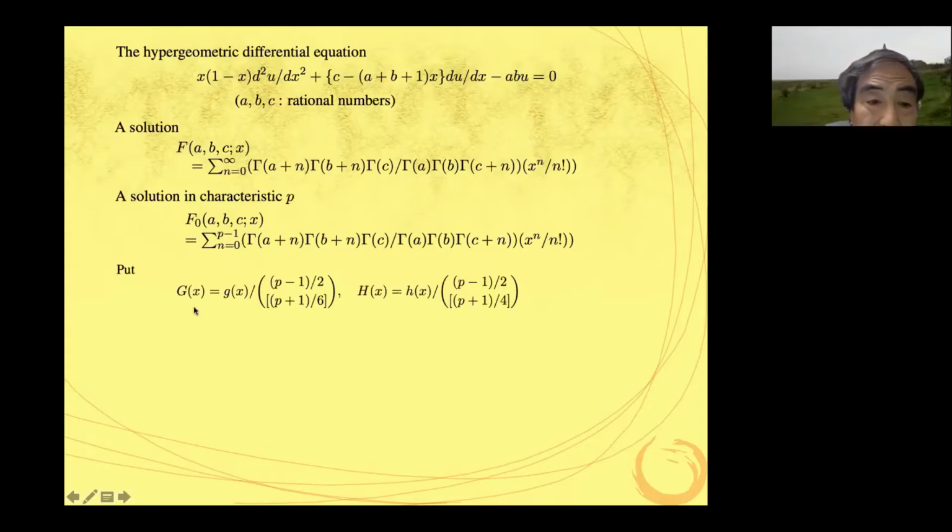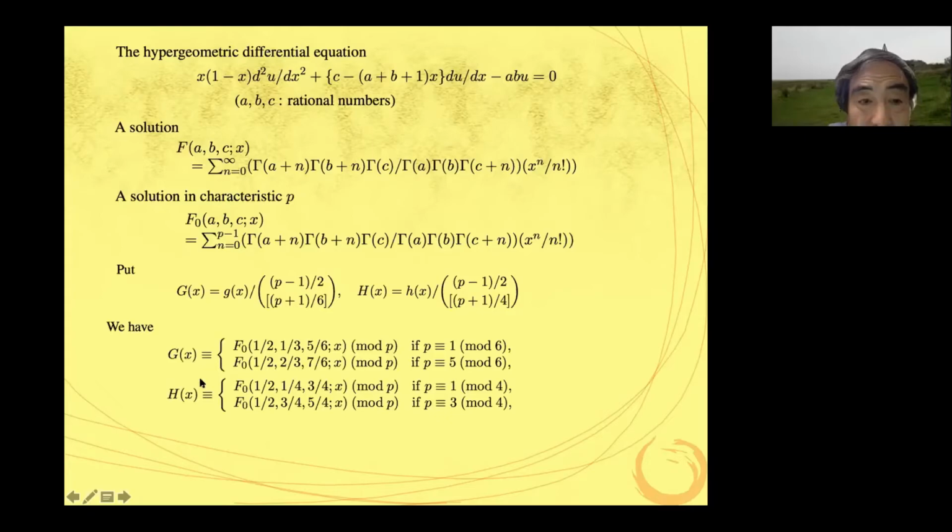And then we set it like this. This is a constant, but we set it like this. Then we can show this one is equal to the solution here, like this. So G alpha is equal to F, where A is 1/2, B is 1/3 and C is 5/6, modulo p. We have such a congruence relation.